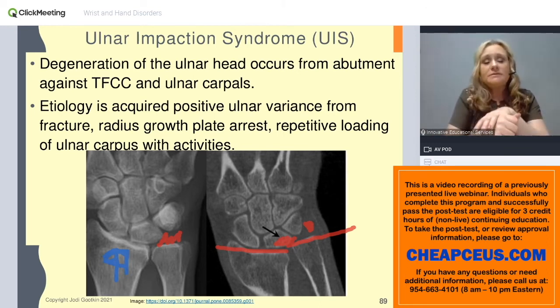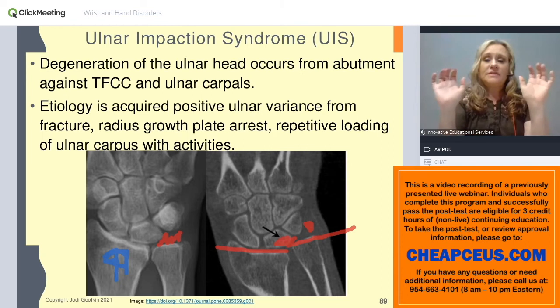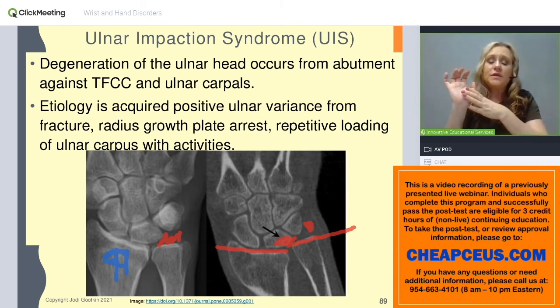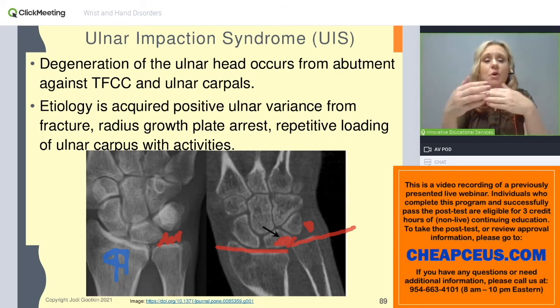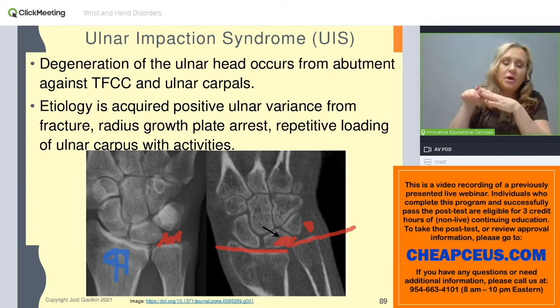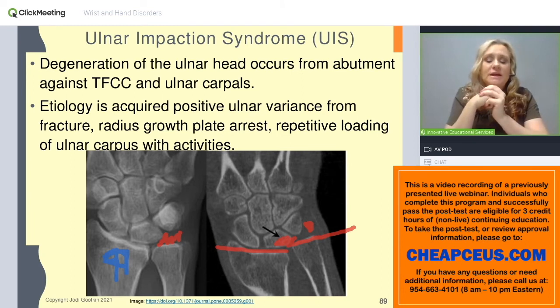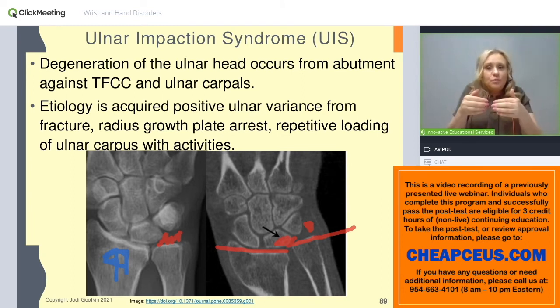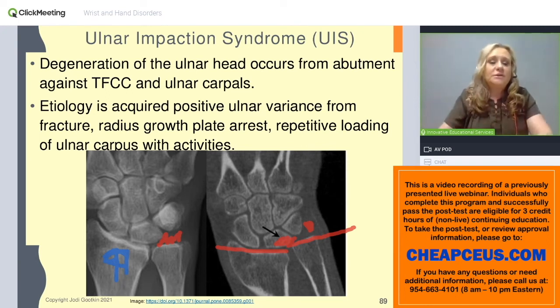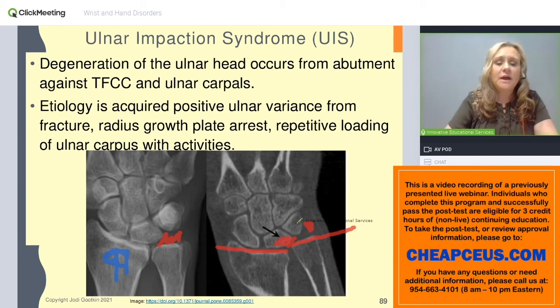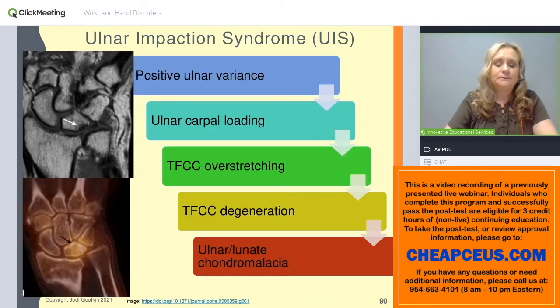It's sometimes seen in gymnasts, where they have excessive compressive force over that radius during the critical growth years, which arrests the development of a little bit of radial length, but the ulna doesn't have as much force on it, so it can continue to grow. If someone has a radial head fracture that's migrating the radius shorter, this can all lead to ulnar impaction syndrome.